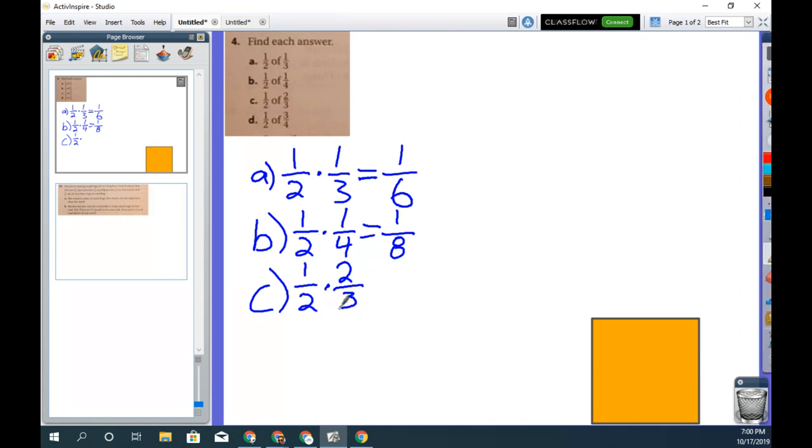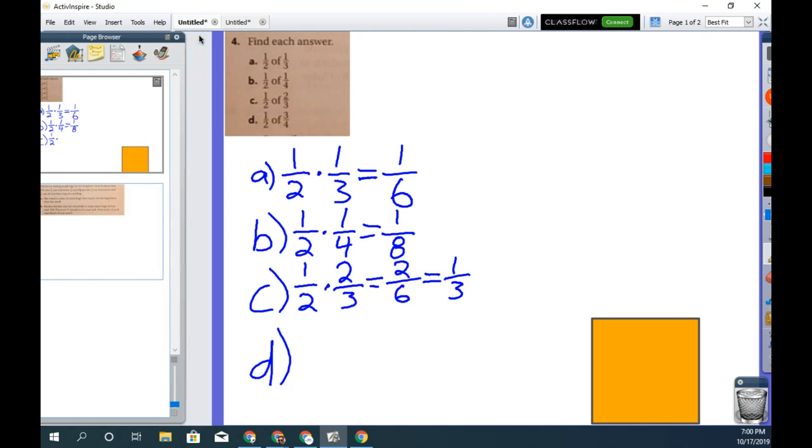Now, logically, if you have 2/3 and you cut that in half, you're going to end up with 1/3, right? So we're going to go ahead and multiply this across. We get 2/6. We reduce this fraction and we get 1/3. So our area model would prove it, logic proves it, and then the algorithm proves it here that 1/2 of 2/3 is 1/3.